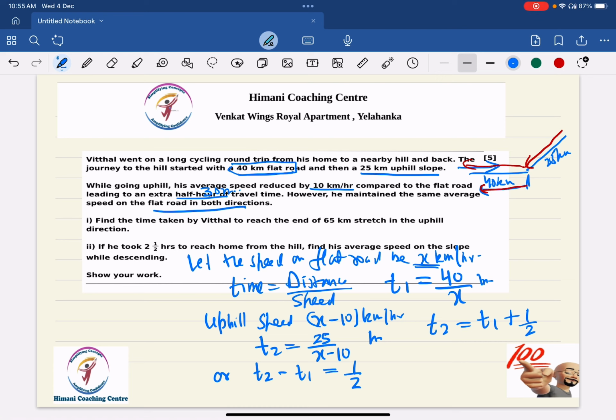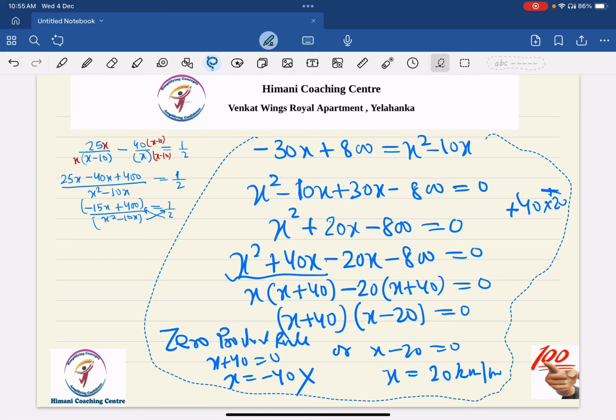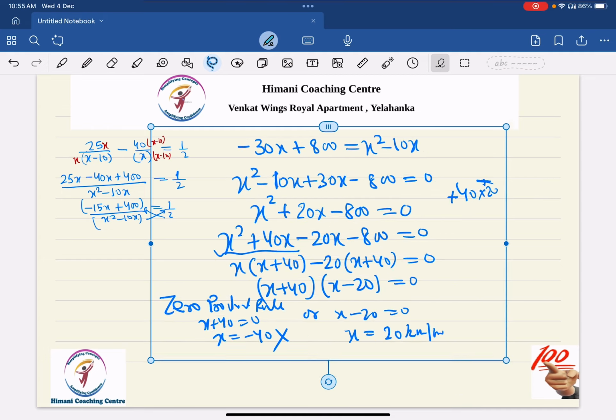What is T1? Because x is 20, T1 would be 40 upon 20. Because the question is we have to find the time, and we have got the speed, now we will find the time.